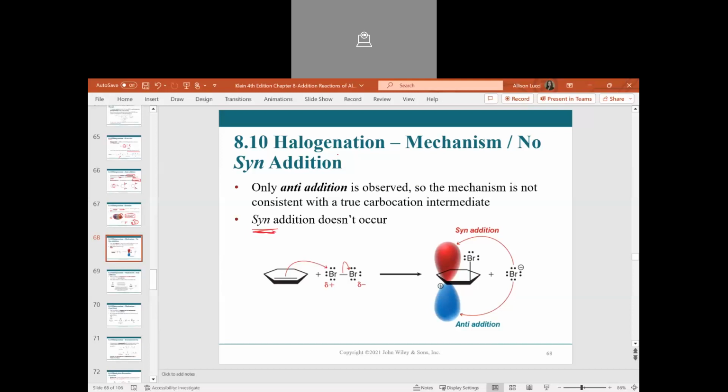Well, I'm sorry, in any of the halogenation mechanisms, syn addition doesn't occur, mainly because this bromine is already here. It's a lot more accessible for the bromine to attack down here at this cationic site, due to steric hindrance again.